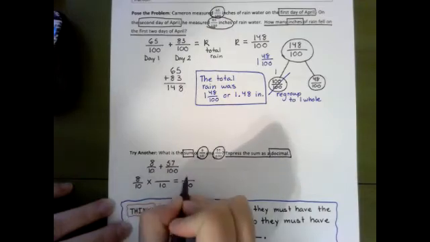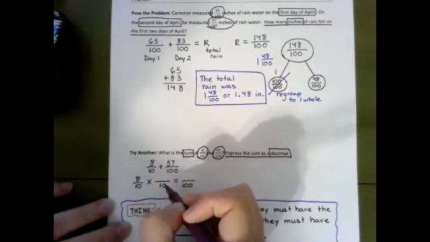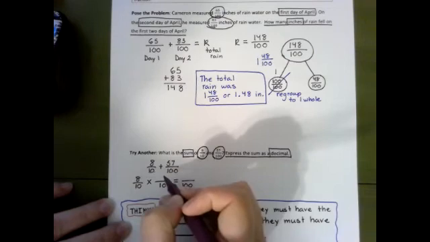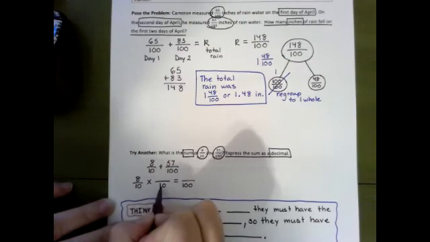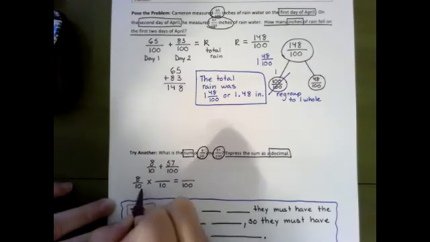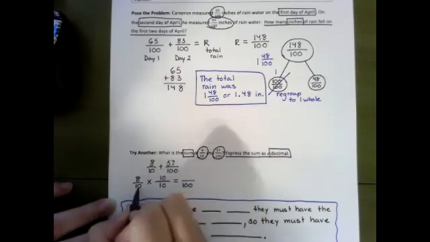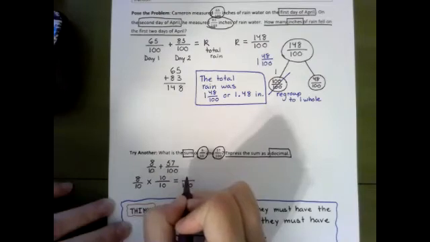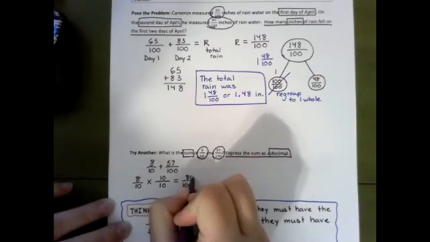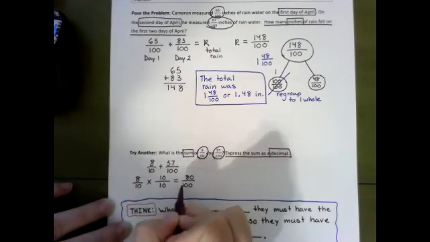Whenever we multiply to find an equivalent fraction, we have to multiply by the same in our numerator and denominator, because this fraction we're multiplying essentially has to equal 1. So if we're multiplying by 10 in the denominator, we also have to multiply by 10 in the numerator. 10 times 10 is 100. 8 times 10 is, you got it, it's 80. So now 8 tenths is equal to 80 hundredths.